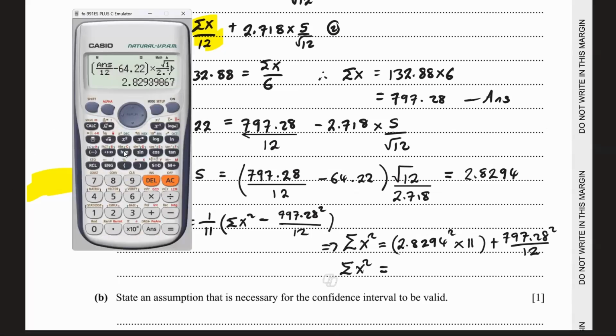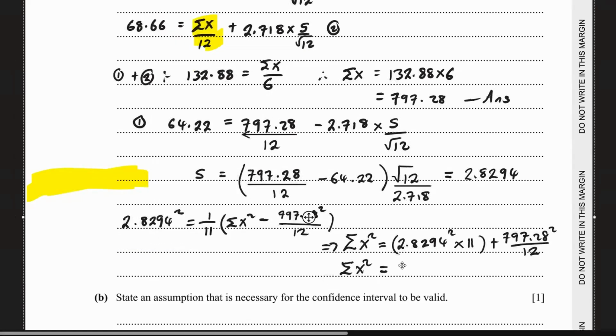So 2.8294 squared times 11, plus 797.28 squared over 12. And this gives us 53,059. And this is the answer here. And that's how we do it right here.